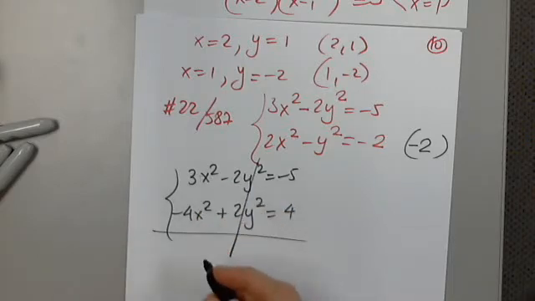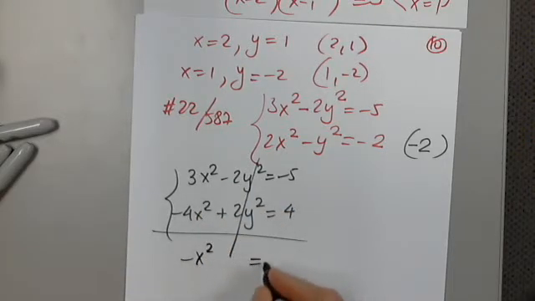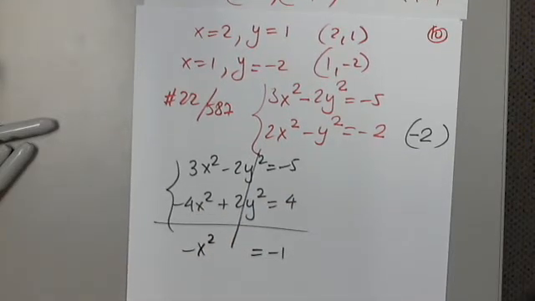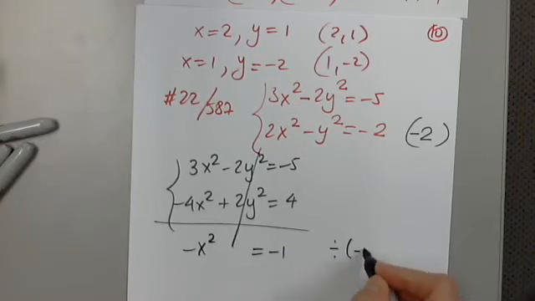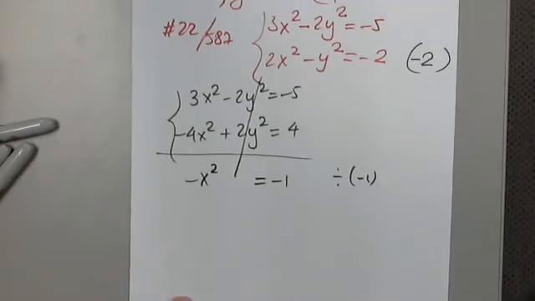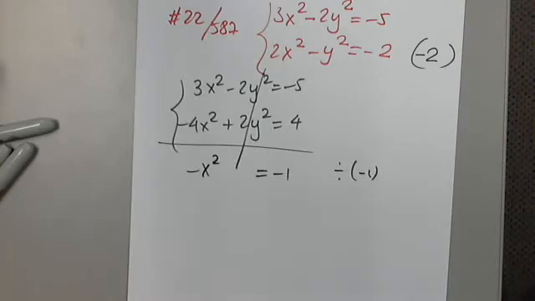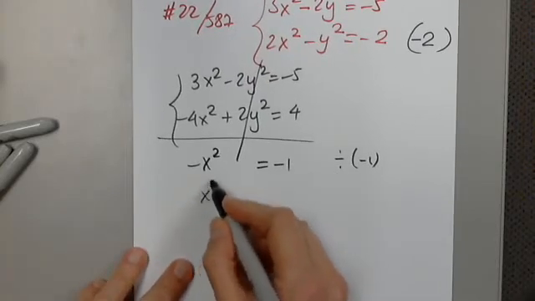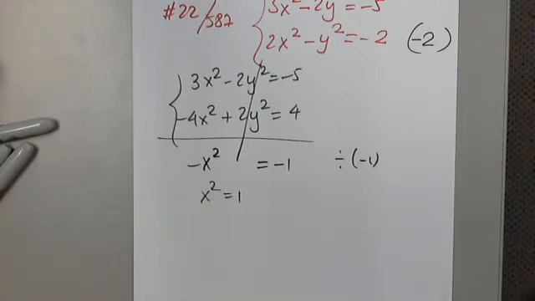So now perform the operations. Negative x squared equals negative 1. I like this. But what do I need to do next? Divide both sides by? Of course. Or multiply. It doesn't matter. It's the same thing. So then I have x squared equals 1. I know that this is quadratic. X squared equals 1, quadratic.